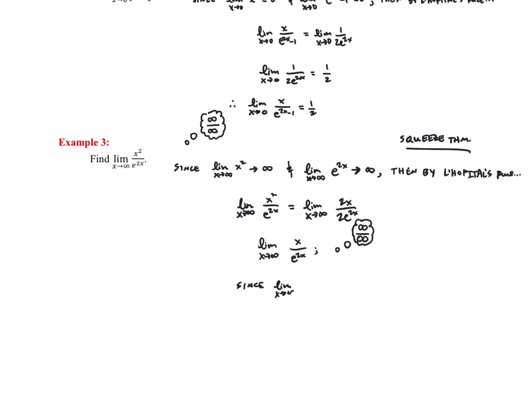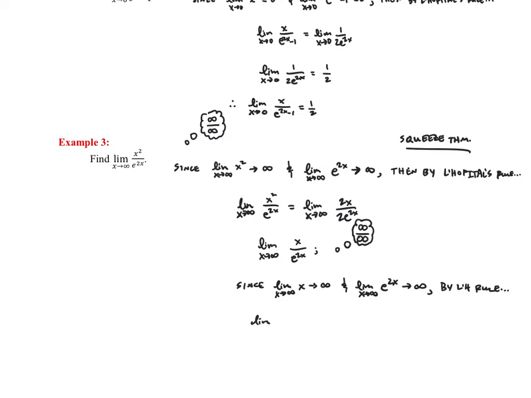Since the limit as x approaches infinity of x tends to infinity, and the limit as x approaches infinity of e to the 2x, excuse me, heads to infinity, then by L'Hopital's rule, I'm going to abbreviate here because I'm running out of space. Don't abbreviate on the AP exam, please.